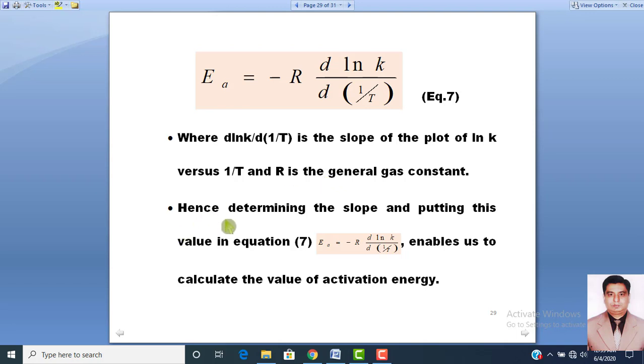So determining the slope and putting this value in equation number 7 will enable us to calculate the value of energy of activation.